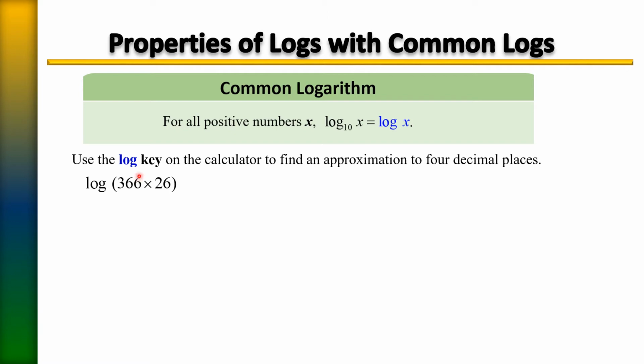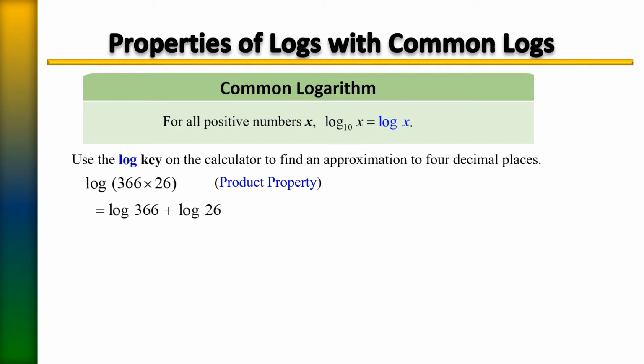Whenever you have multiplication, remember you can split it up into two logs by writing it separately. So it would be log of 366 plus the log of 26. And you would find each log there and then add them together. That's that product property of logarithms.